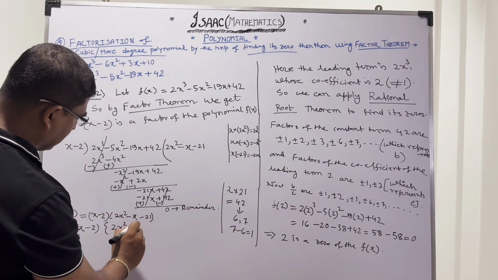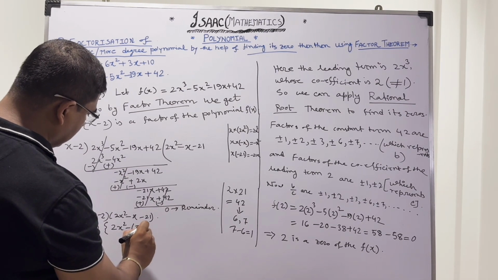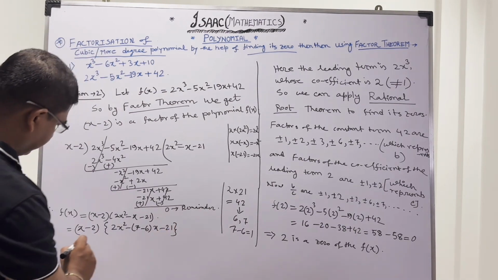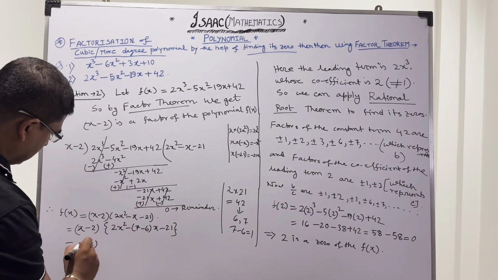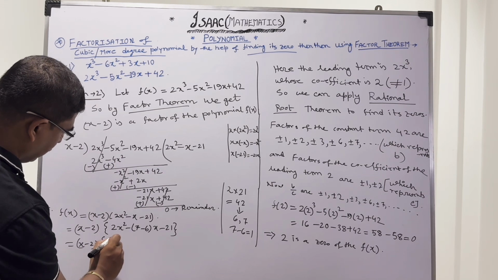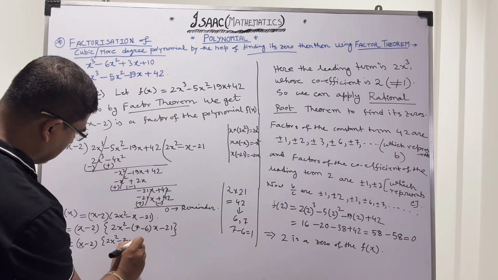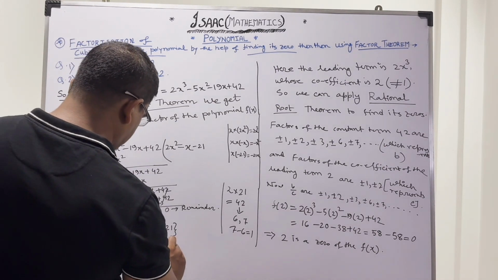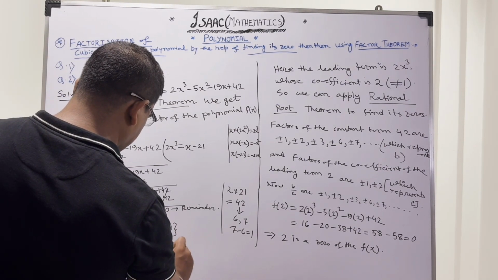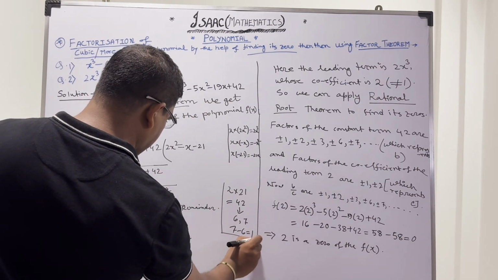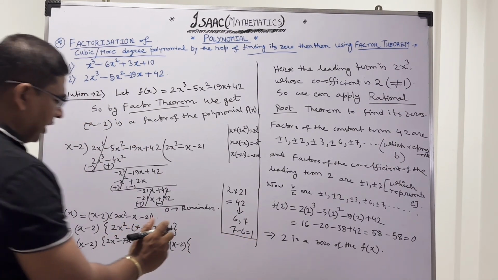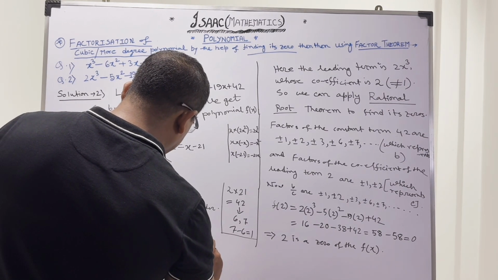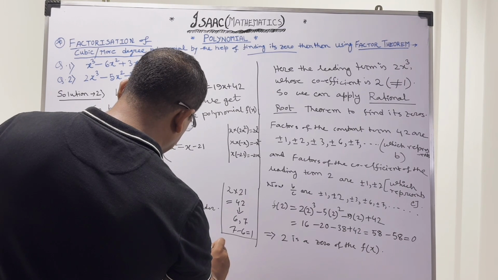So this becomes x minus 2 into 2x square minus 7x plus 6x minus 21. In the first two terms, x is the common factor. After taking out x as a common factor, we have 2x minus 7 as the rest of the term.